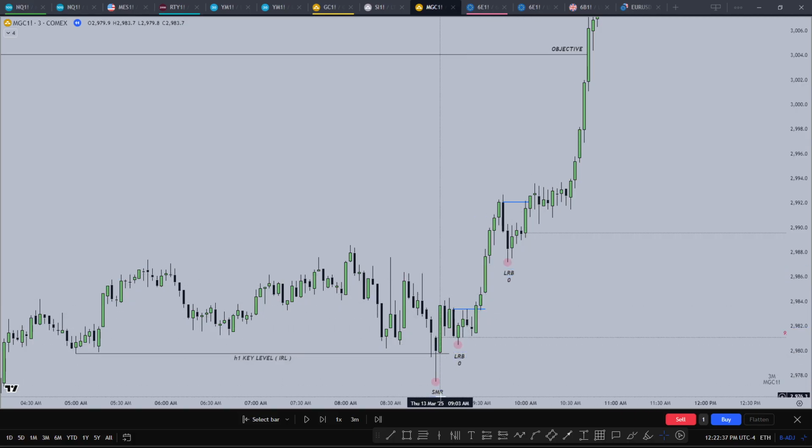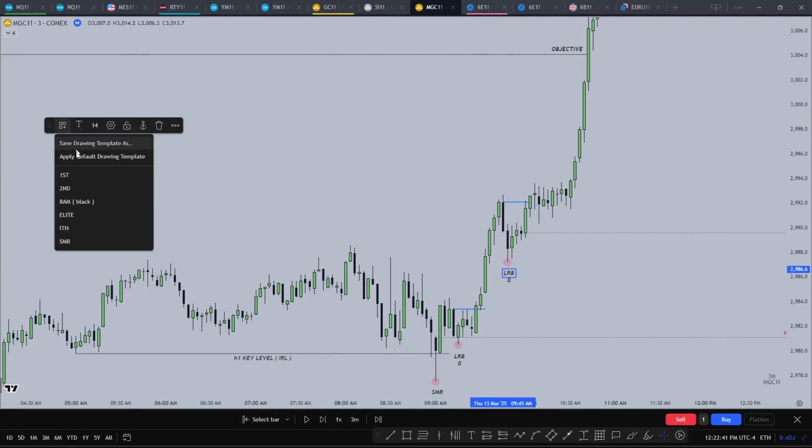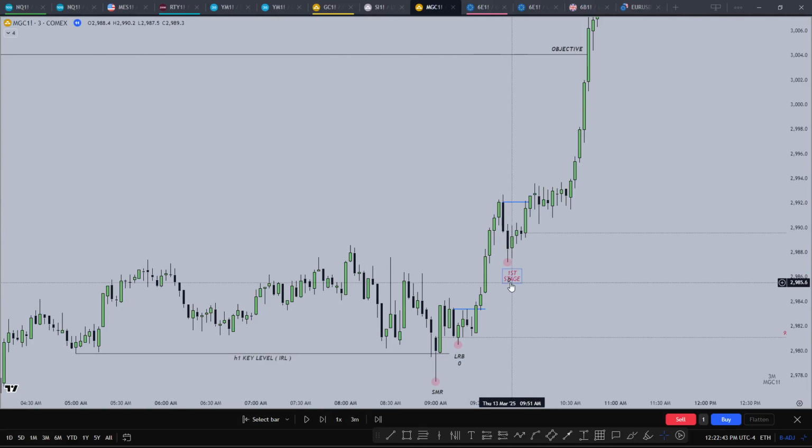SMR 0th leg 0 1. So 1 is first stage, as its name suggests. So 1. Okay.